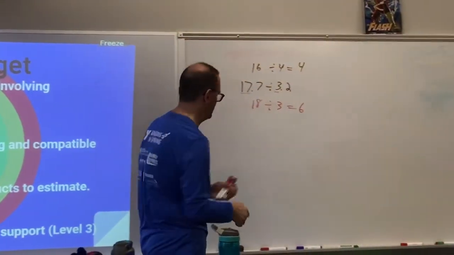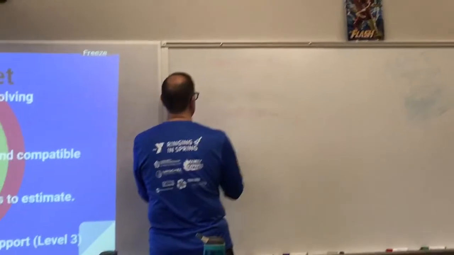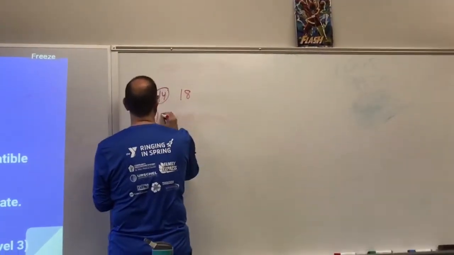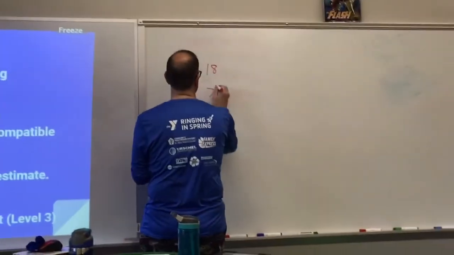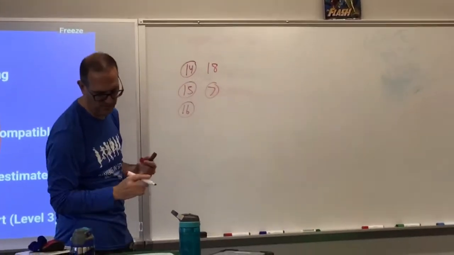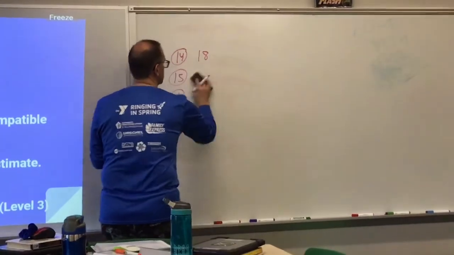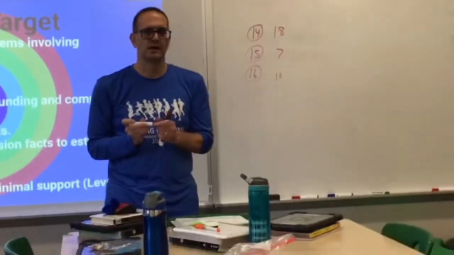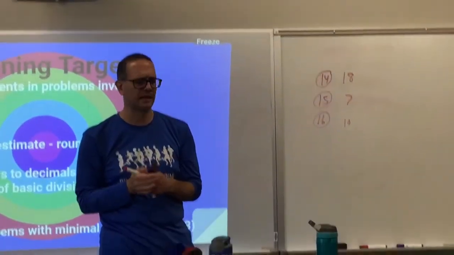All right, number 14, our estimate's going to be 18. 15, our estimate would be 7. And 16, our estimate would be about 10. I don't know why I circled this one, but I did. Okay, is it possible you got something slightly different? Yeah, it depends on how you estimated it, right?